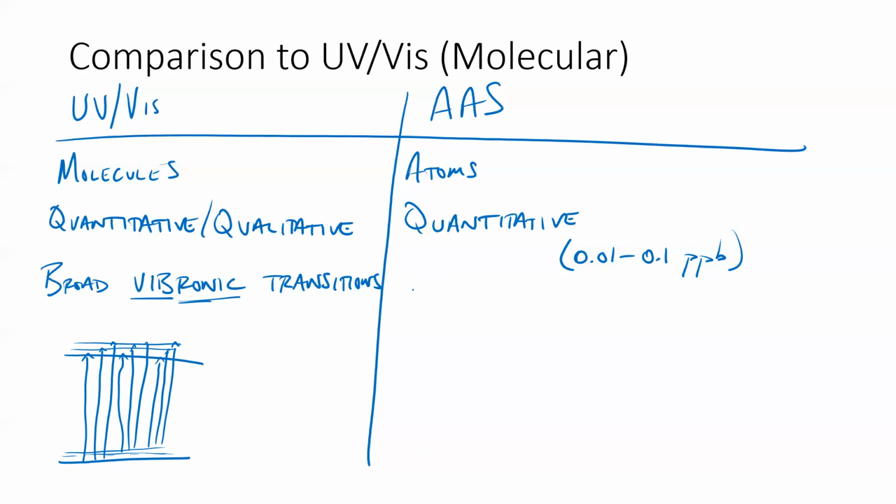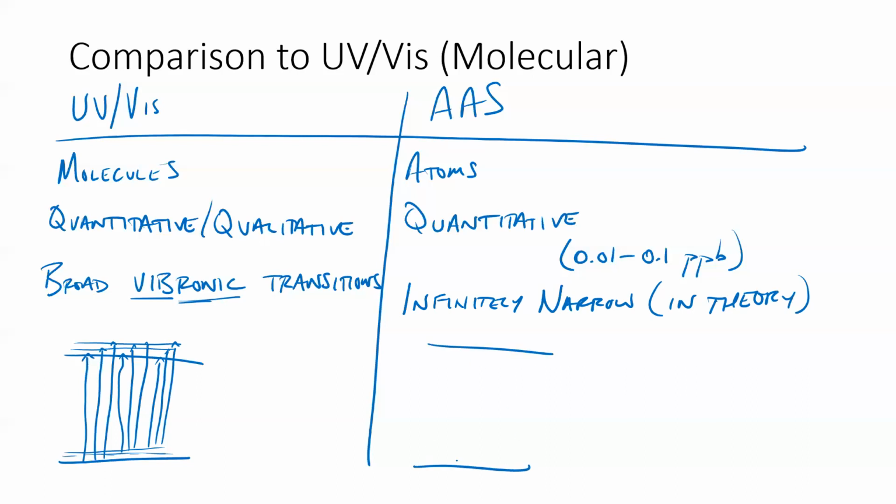In atomic absorption, in theory, this should be infinitely narrow, because there's no vibrational energy levels, and we're just going from the S0 to the S1. And the S0 has a very well-defined energy.